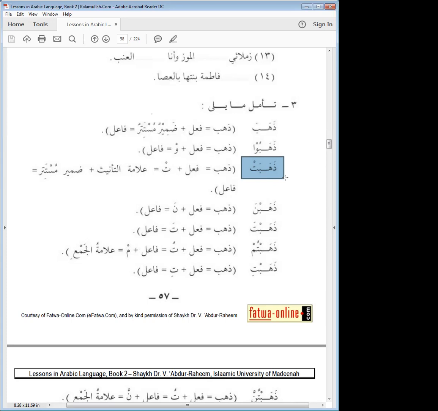These two, the doer of the verb is the damir mustatir. So dhahaba, damir mustatir. Dhahabat, damir mustatir. All the others, the added on suffix at the end, are the doer of the verb, or the fa'il. Right?